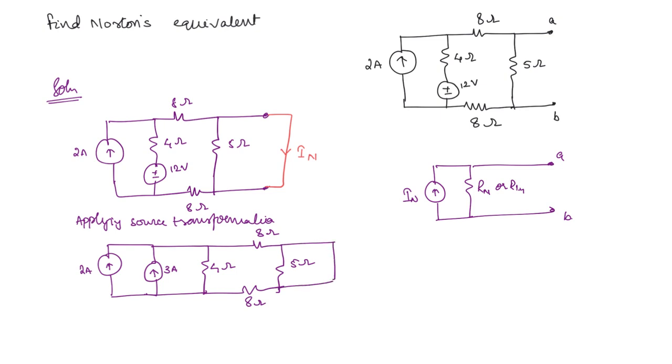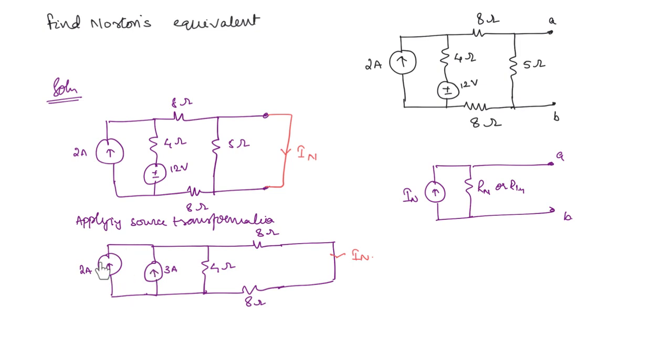Now one thing that you can see here is this short circuit is across this resistor. So this you can remove because no current is going to flow through it. It will be shorted, right? Now, what will be the current here, IN? You can simply apply the current division rule here.